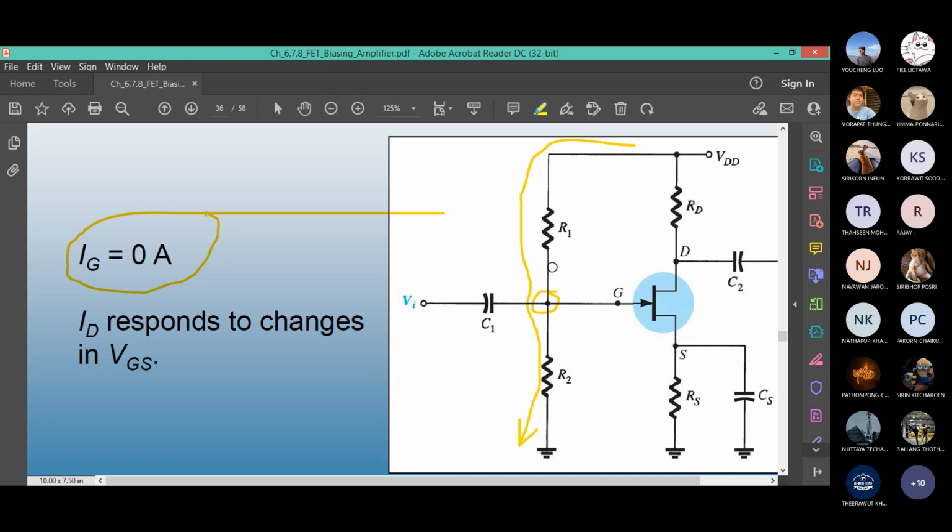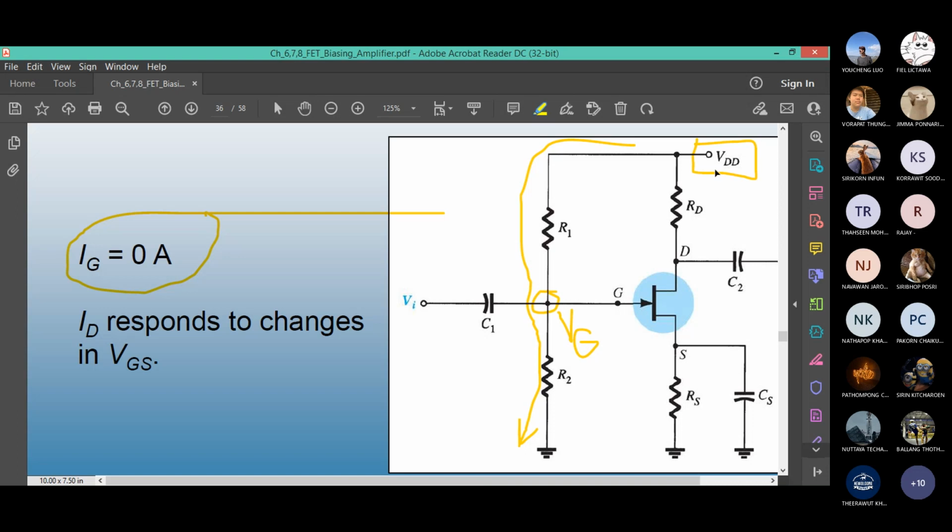If you want to find VG at this point, what is VG? What equation can we use? Here's a voltage and two resistors. At a junction, it gets divided. Voltage divider.